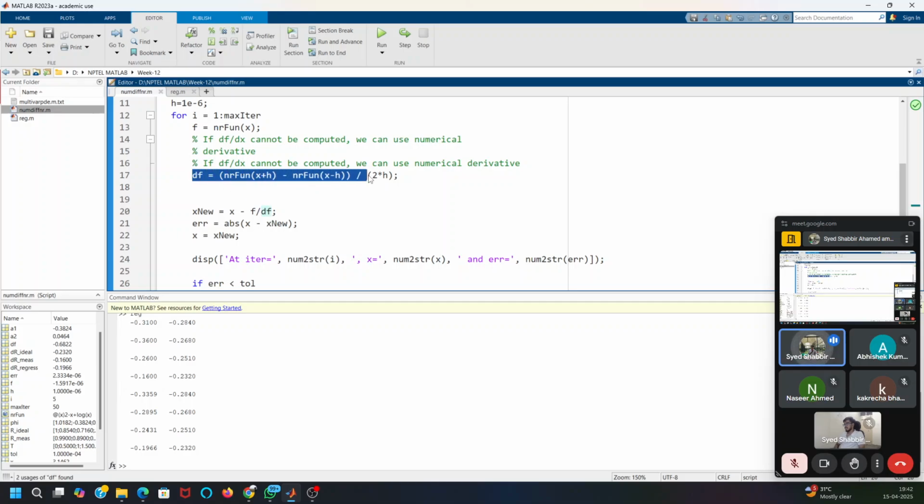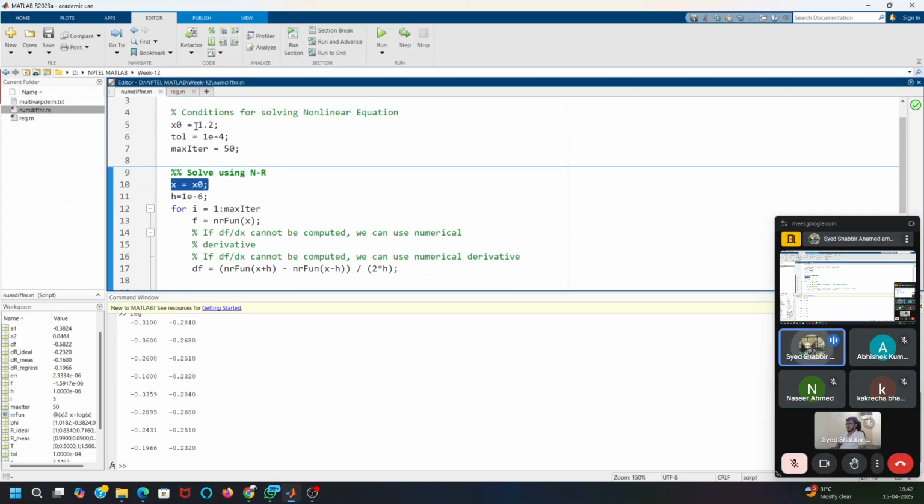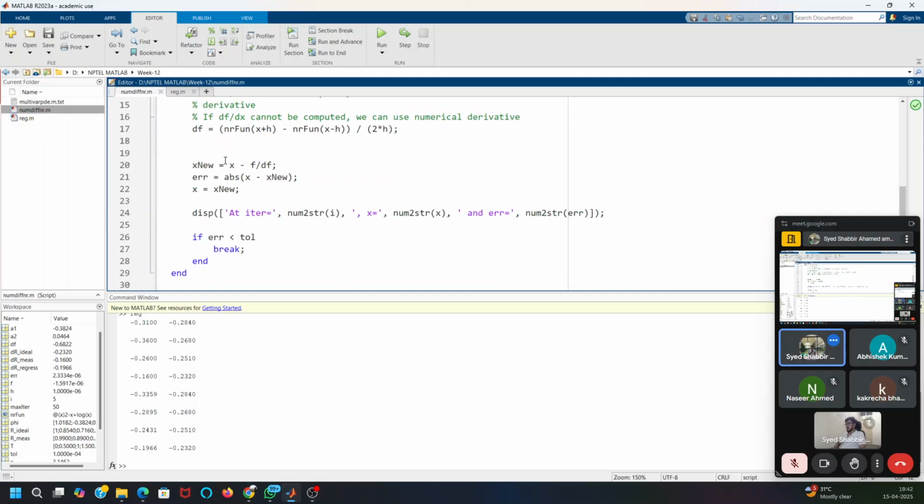We are just replacing the analytical differentiation with our numerical calculation of the differentiation. Here additionally we have to give the step size, which is very low, 10 to the power of minus 6. When you solve Newton-Raphson, you have to give an initial value, which is 1.2, and this is the tolerance. If the error goes below this, we will stop iterating.